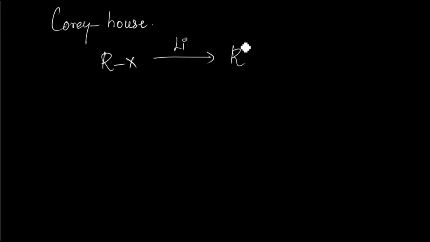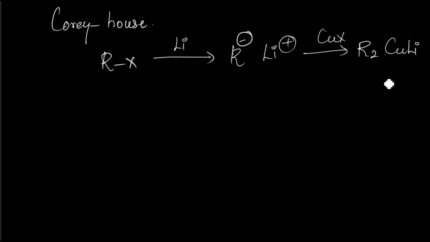This will produce a carbanion with lithium plus, because lithium is more electropositive compared to carbon. Treating it with copper halide, it will give you a reagent, that is R2CuLi, Gilman's reagent. Okay, this reagent is used in other reactions as well.